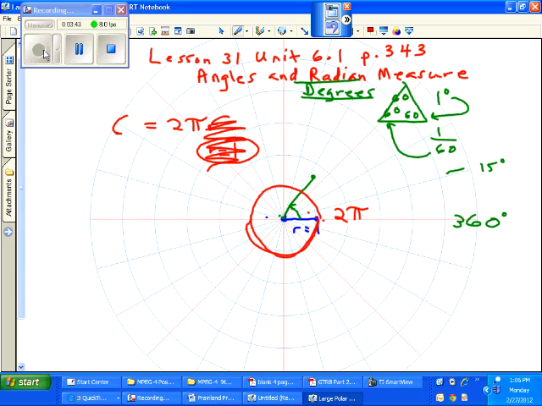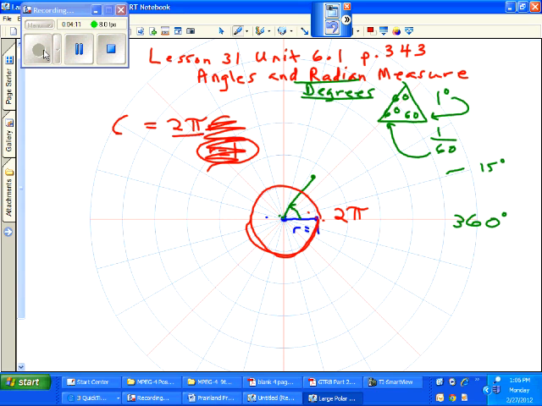Now, how many degrees around is it? 360 degrees around. But how far around is it? It's 2 pi around, okay? You see the difference? We're talking about the angle in terms of degrees of rotation with 360, but we're talking about it in terms of length when we're talking about radians, okay?